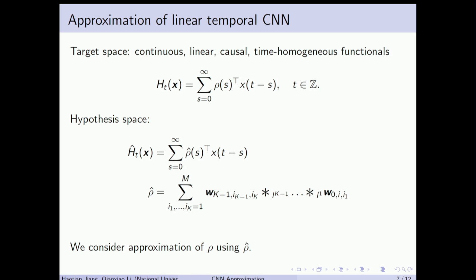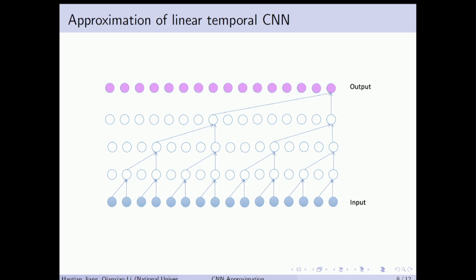We can observe that these two have a similar form. So instead of just considering the approximation between the two sequences of functionals, we reduce it to considering the approximation of functions here. And next, here is an illustration of this modeling architecture, which is actually inspired by the WaveNet architecture.